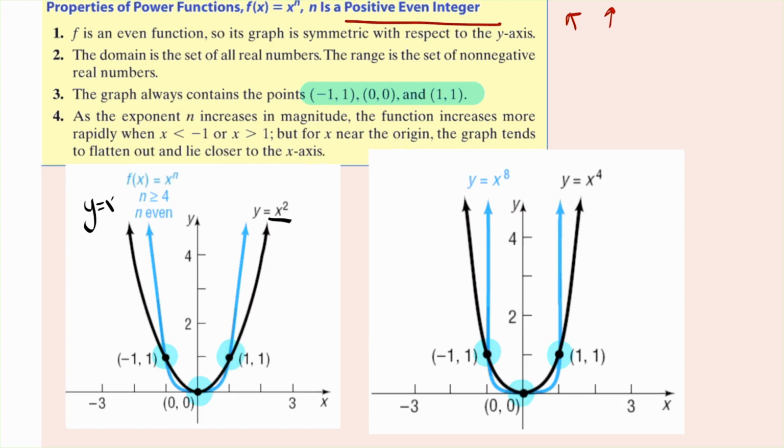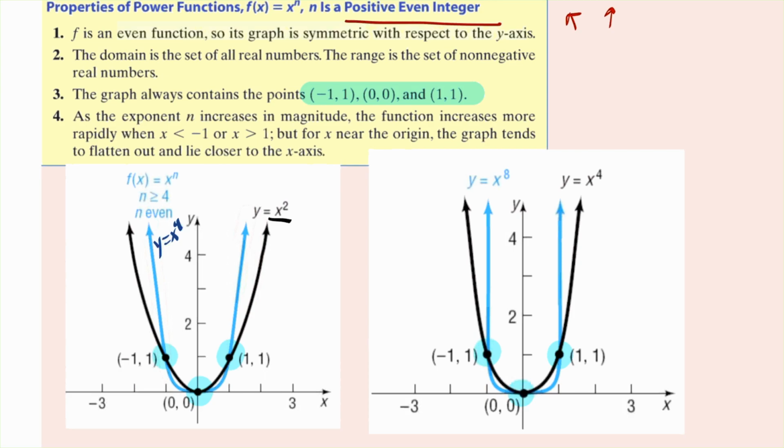This is y equals x to the fourth in blue. So we can notice that y equals x to the fourth has a flatter bottom. The bottom of this function is more square-like. The other thing we can notice is that the vertical rise is steeper. It almost looks vertical. So flatter on the bottom, more vertical on the sides.